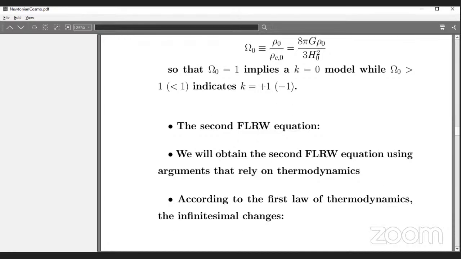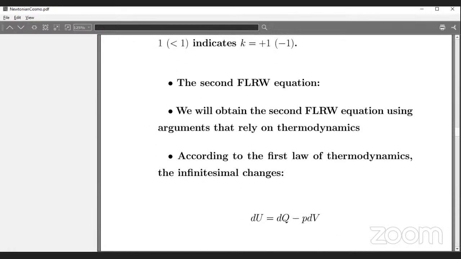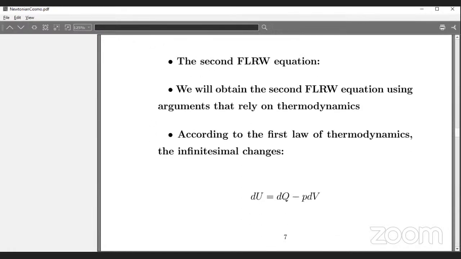First, let us remind ourselves, what does the first law of thermodynamics tell us?